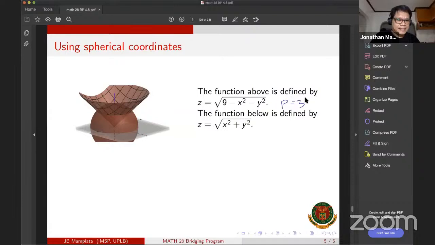The equation of the cone is... kahit yung mga nanonood sa YouTube, you can type in your answer. Rho equals R. Sorry, no.